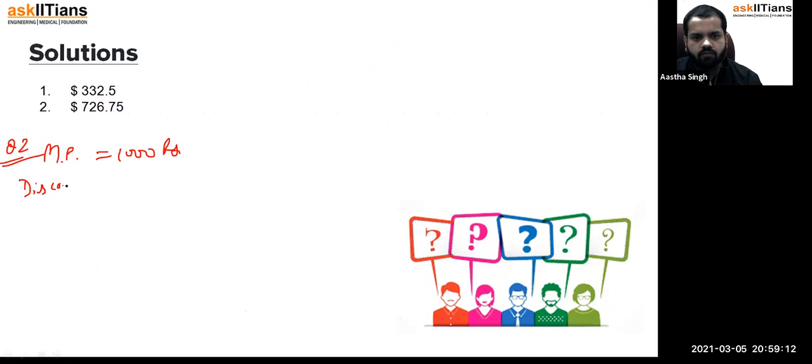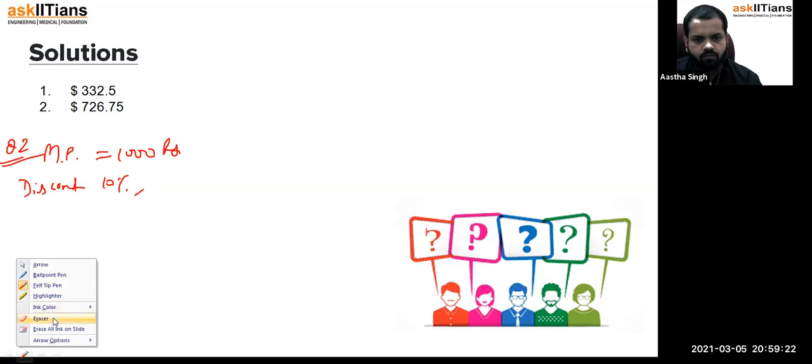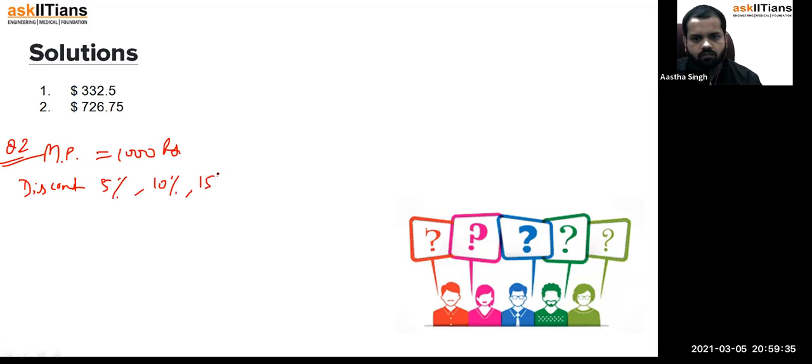Discounts were given: 5, 10, 15. These were the discounts given.